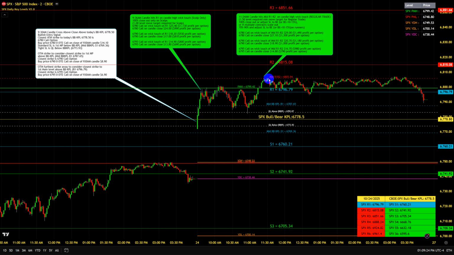Again, that is a reason why some people that use the indicator prefer the 1 DTE options if they're more inclined to hang on to the option later on in the session.